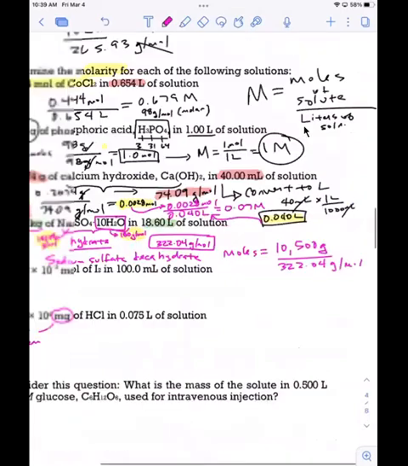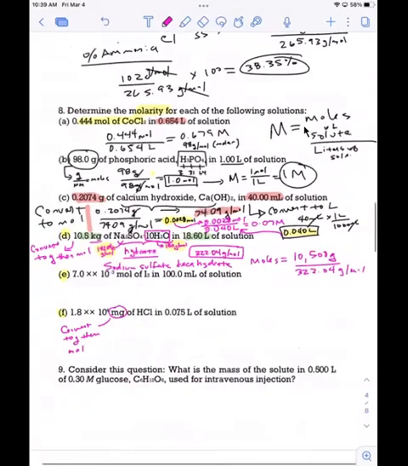So you just take the number of grams and then divide by the molar mass, get the moles, set it up. M equals moles over liters.